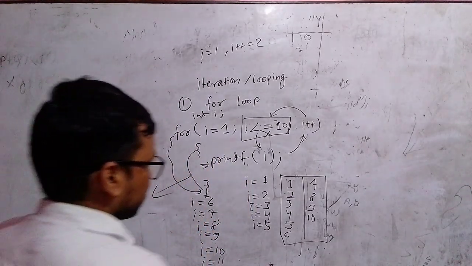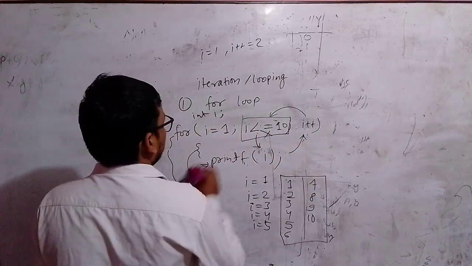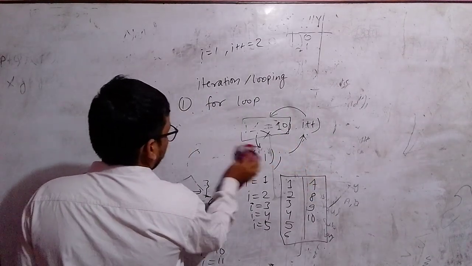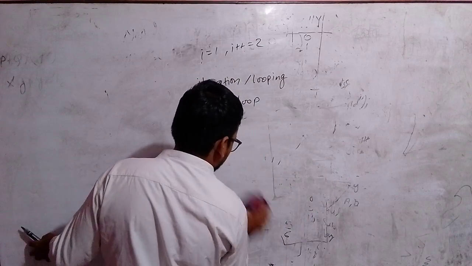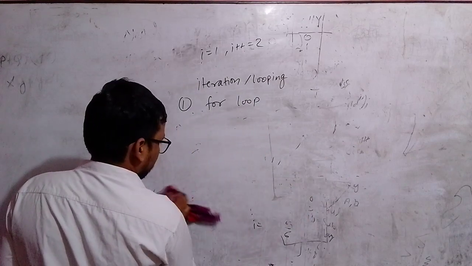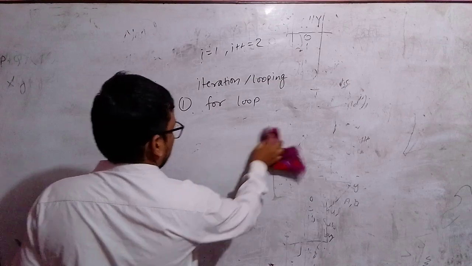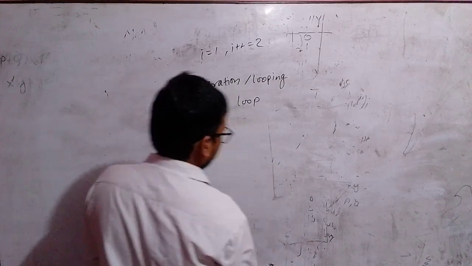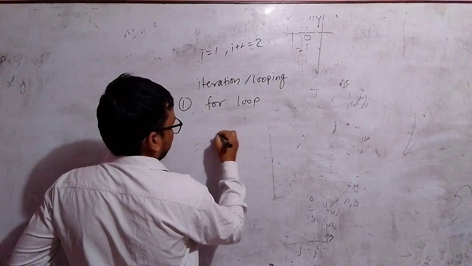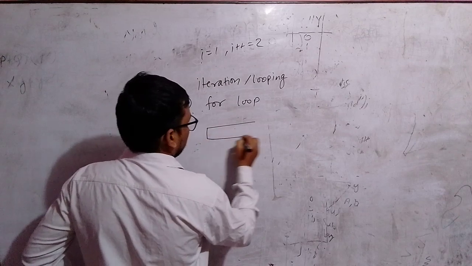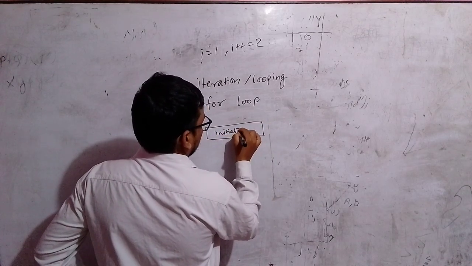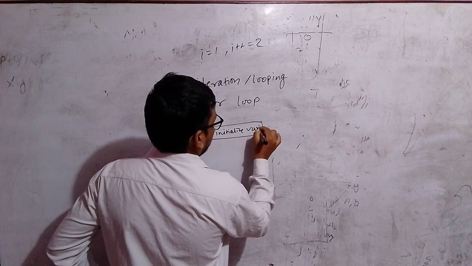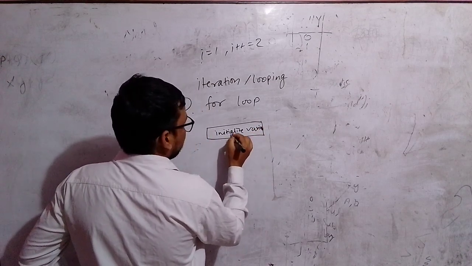Now how to draw the flowchart of this for loop. Process: initialize the variable, let I is equal to 1.